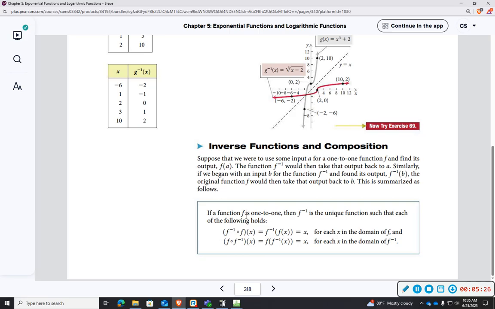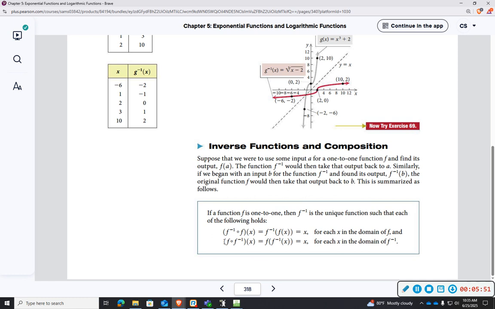One neat property that you want to know is if a function is one-to-one, then its inverse is unique, such that each of the following holds. If we take the inverse and compose it with the original function, we're just going to get x.